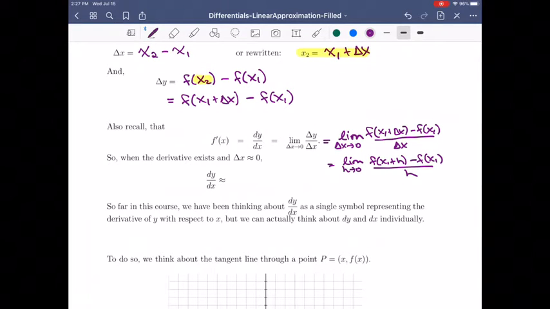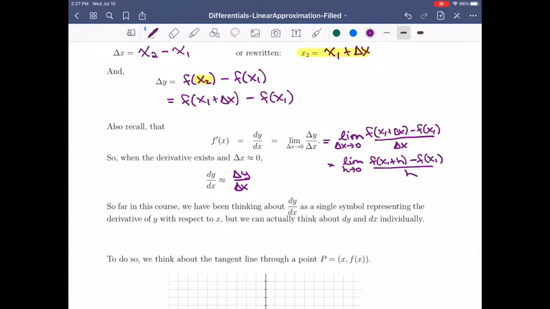When the derivative exists, we're sending the bottom, the h or the delta x, to be almost 0, so that the change in x is very small. When that happens, we get that dy dx, the derivative, is approximately equal to delta y over delta x. Remember that the limit is approaching that value.